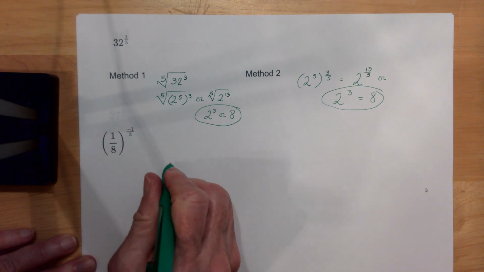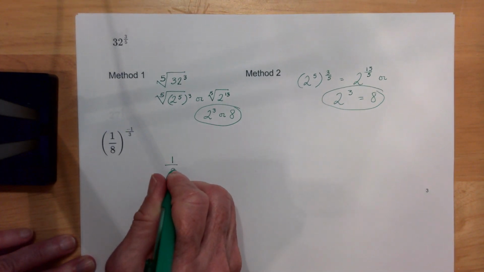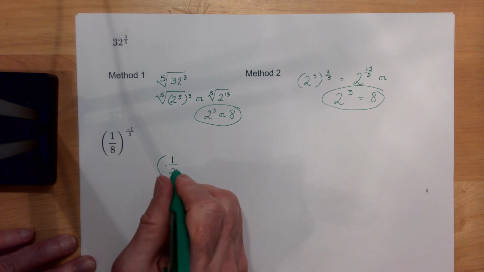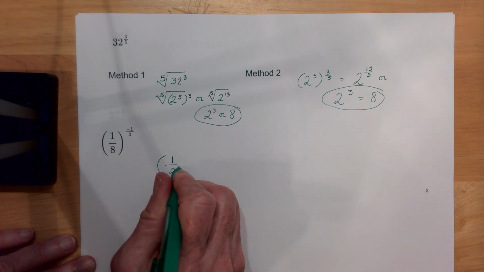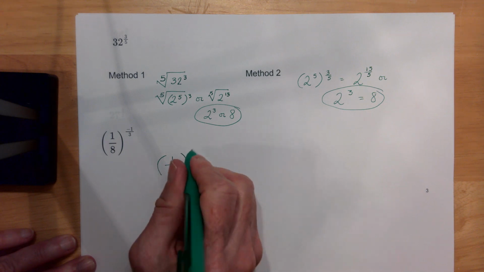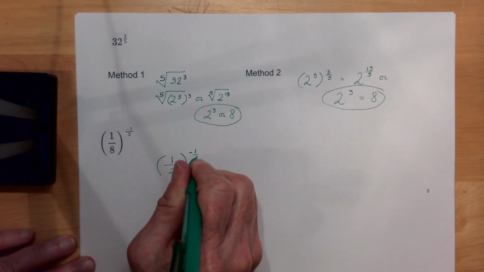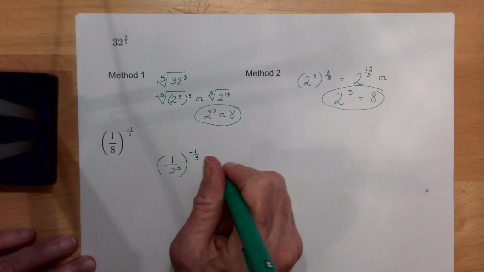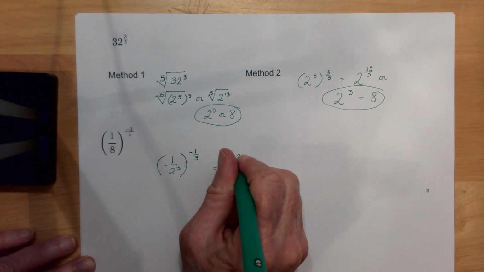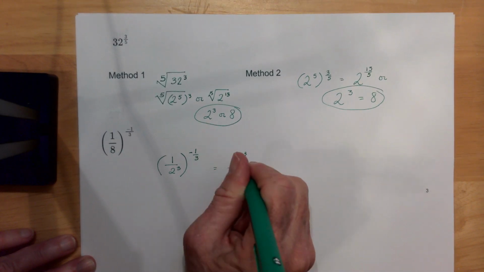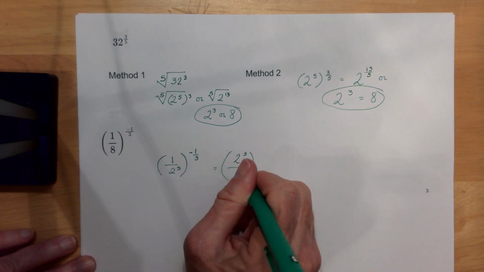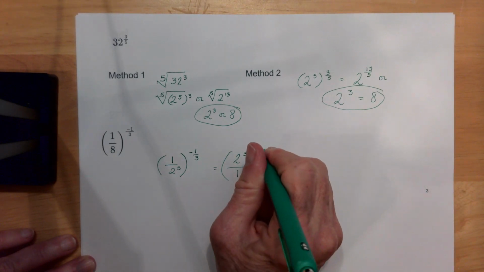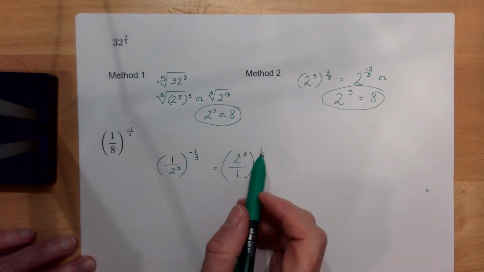This one, I'm going to go 1 over 2, raised to the 3rd power here. And I have a negative 1/3. If you remember right, to get rid of the negative with a fraction, you can just flip it. So I have 2 to the 3rd power over 1 raised to the positive 1/3 power.